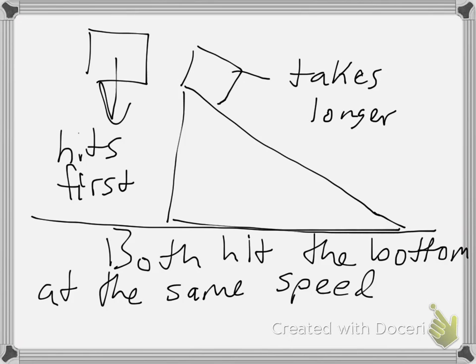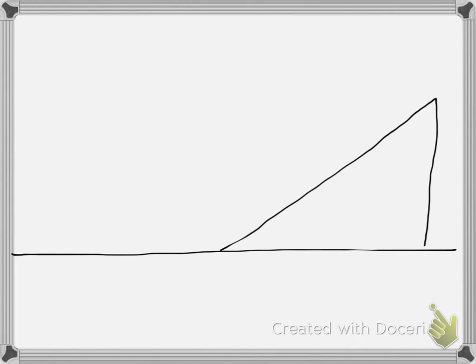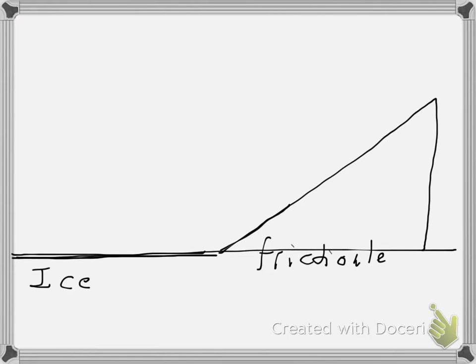Now, this process can also work in reverse. Imagine you're on a skating rink, so here's a bunch of ice. And here's a frictionless hill. And you have a box.